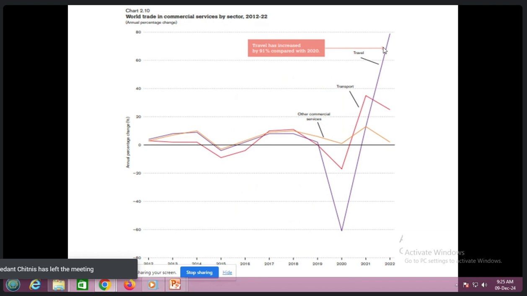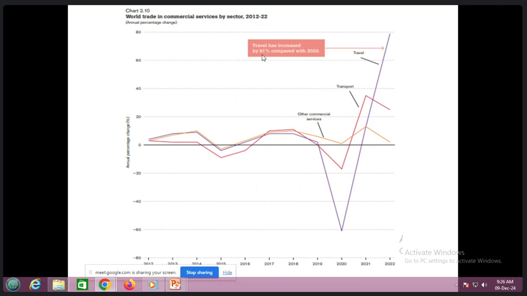So what you can see here is post pandemic, travel has exceeded the other services, that is, the other commercial services, the yellow line, and the red line is transport, which is linked to travel. So transport and travel are playing a dominant role in services export, that is, world trade, in the post-pandemic period.